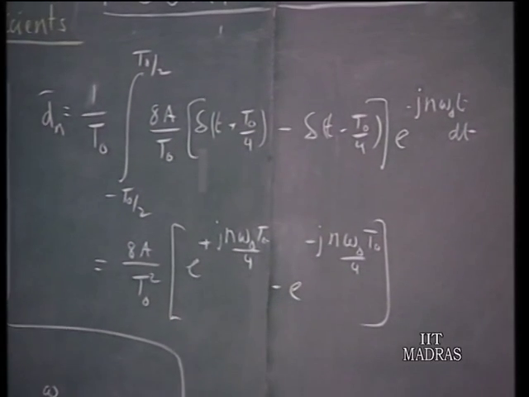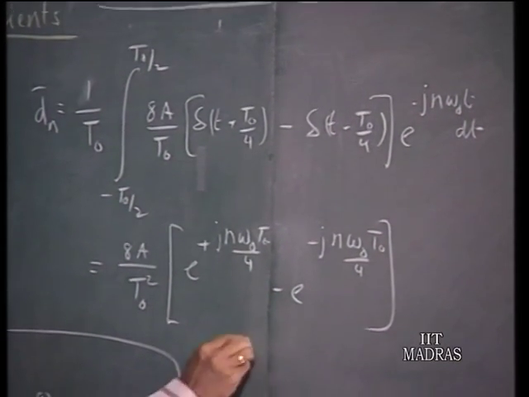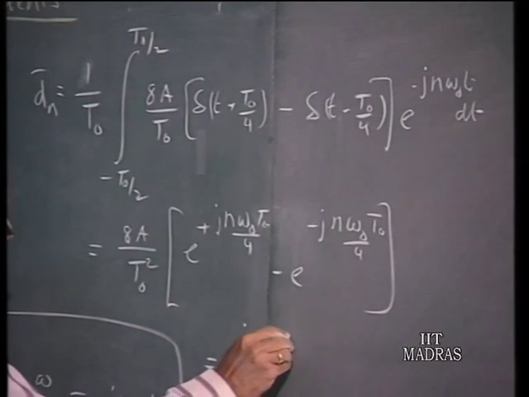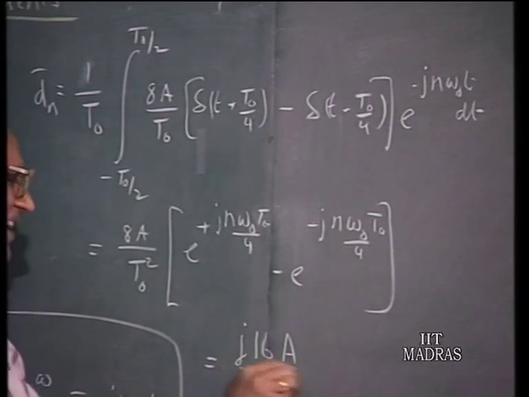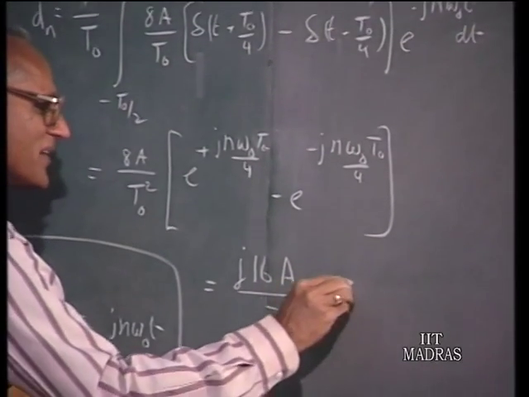And you can carry this out. Finally, you can show that it is j16a upon t naught squared sin n pi by 2.